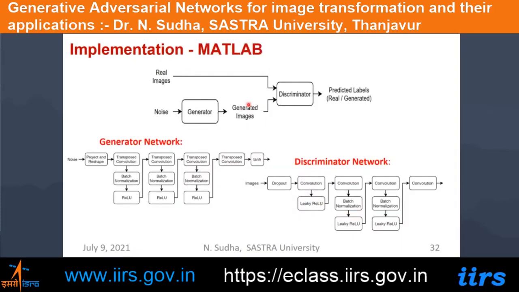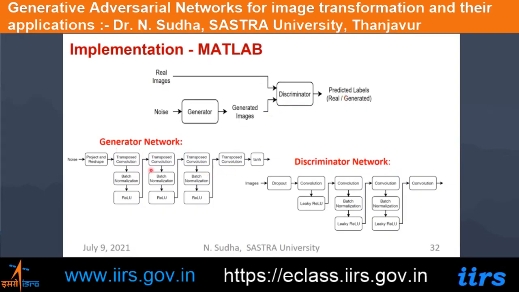There is a MATLAB code available. You can work on that and just try it out, where the real images are given, and the noise. This is the basic GAN only. In the basic GAN, you give the noise to the generator, and it will generate an image which is close to the real image. That's what we have seen, and the discriminator will try to classify whether the input is a real image or a fake image.